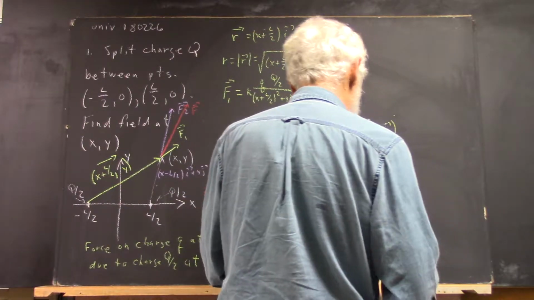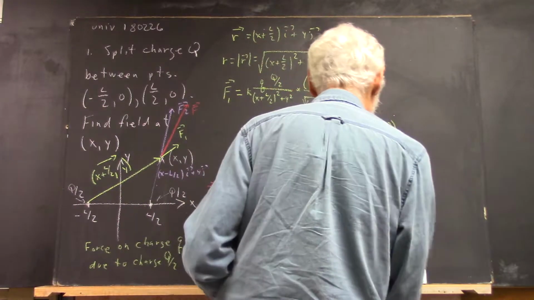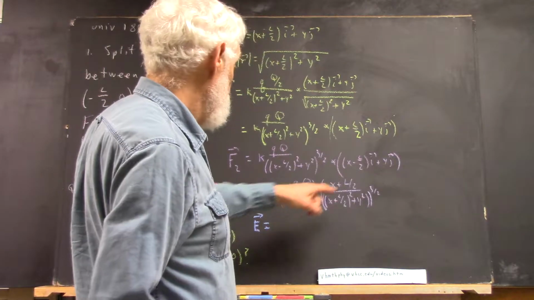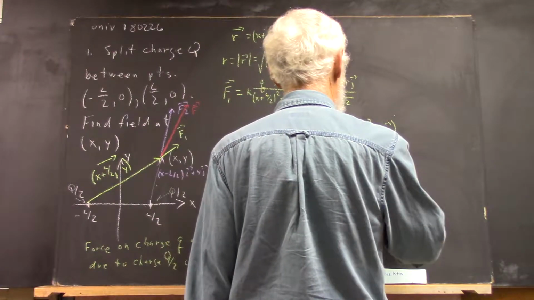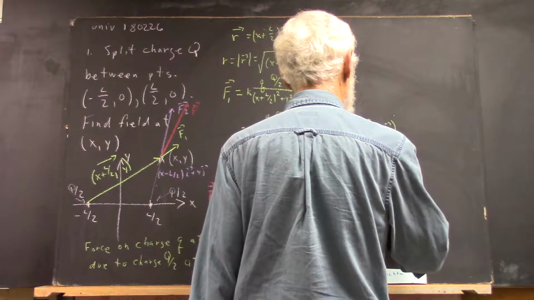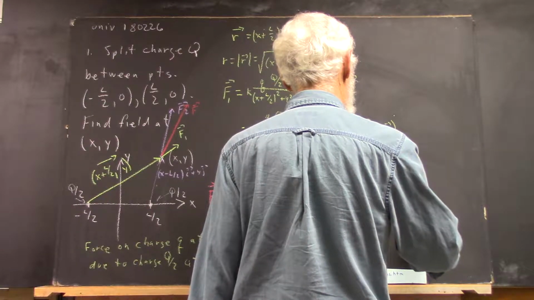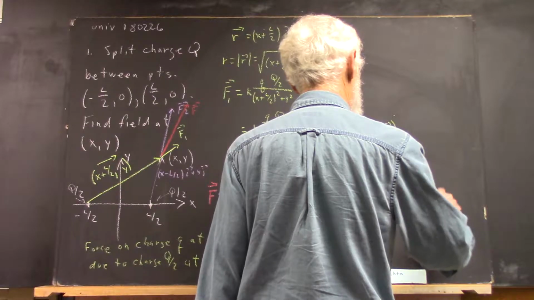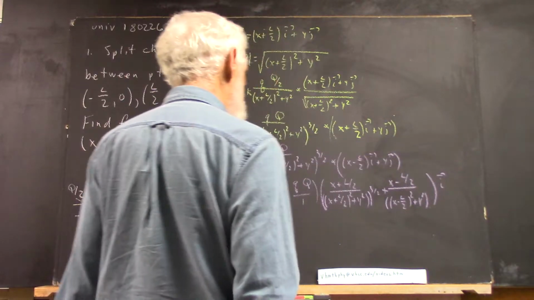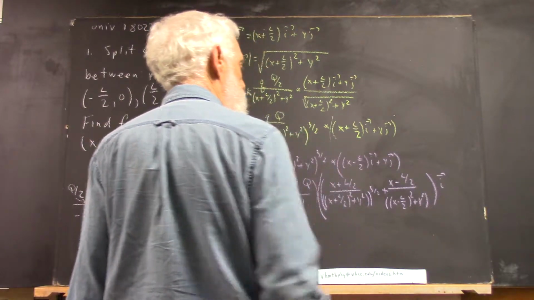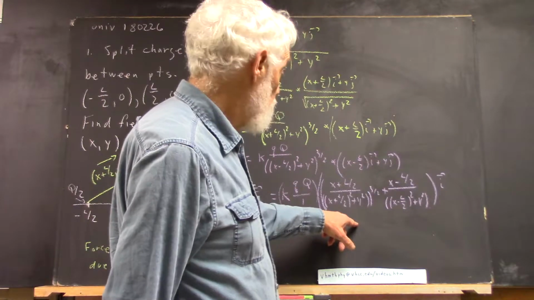Better if I don't put the i there, because then we're going to get the analogous term here, right? And then that'll be times the i vector.